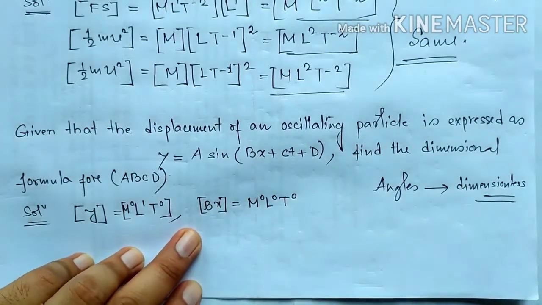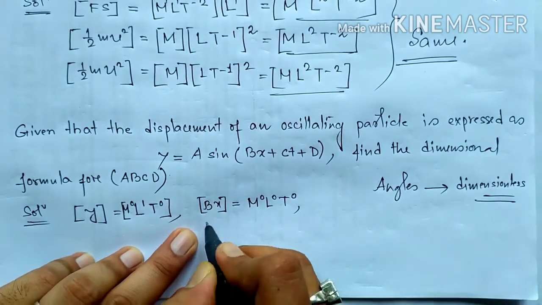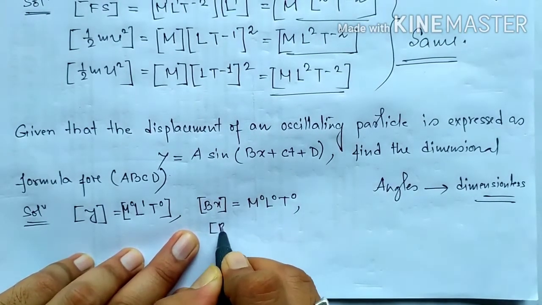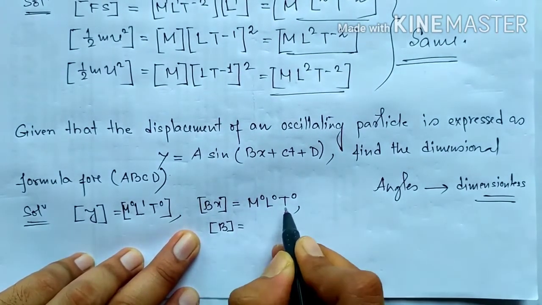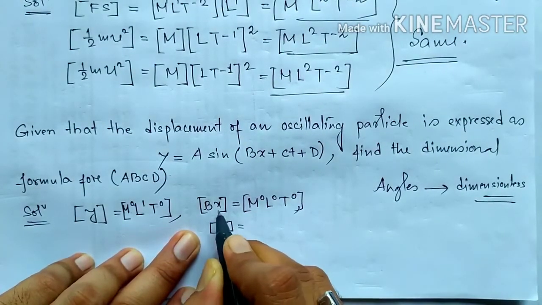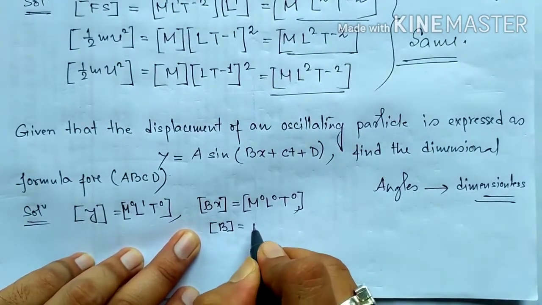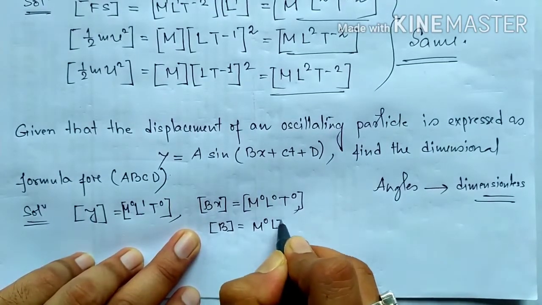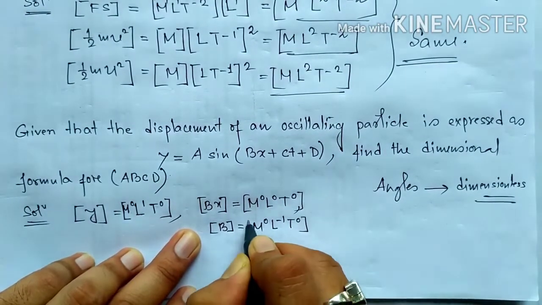But what will be the dimension of b? It will be M to the power 0, L to the power 0, T to the power 0 divided by the dimension of x, and the dimension of x is L to the power 1. So it will be M to the power 0, L to the power minus 1, T to the power 0.